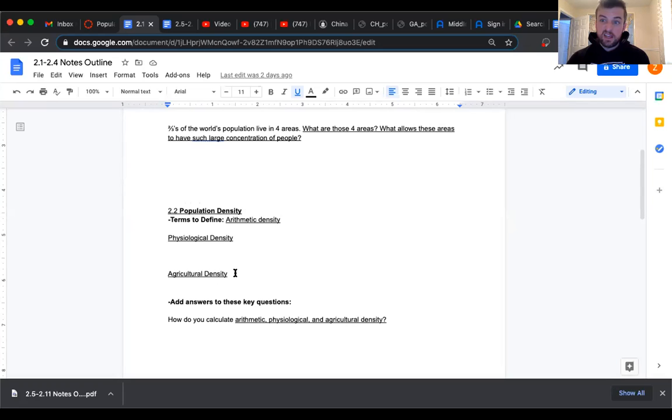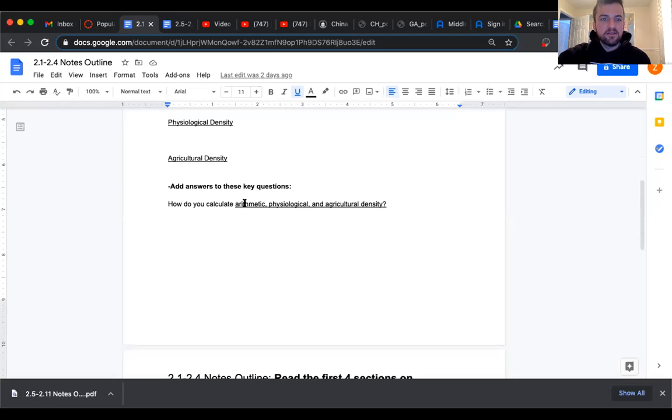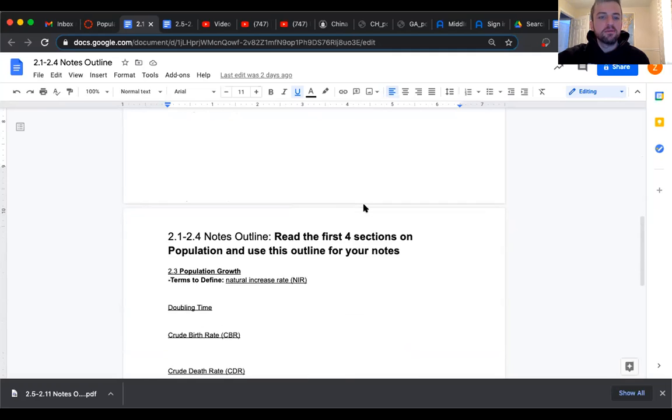Arable land is just land that you can use for farming, helping people live, essentially. And then agricultural density is the number of farmers divided by arable land. And then how do you calculate those? Arithmetic is number of people divided by land area, physiological is number of people divided by arable land, agricultural density is number of farmers divided by arable land.